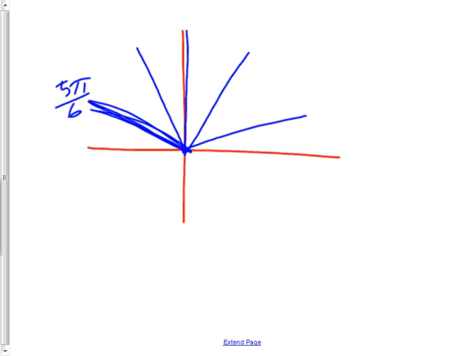Now, would you have to be able to tell me how many degrees is left, from here to here? Yeah. How many degrees is that little wedge then? 30. If I had to do that in radians, 30 is also known as pi over 6. Good.